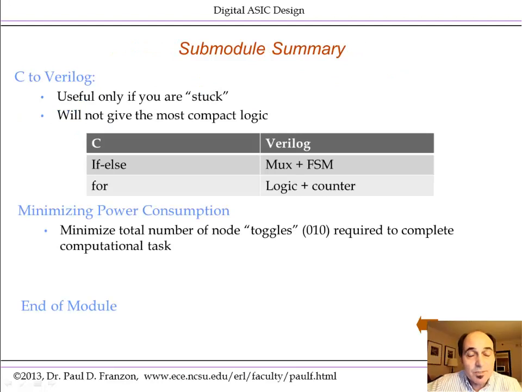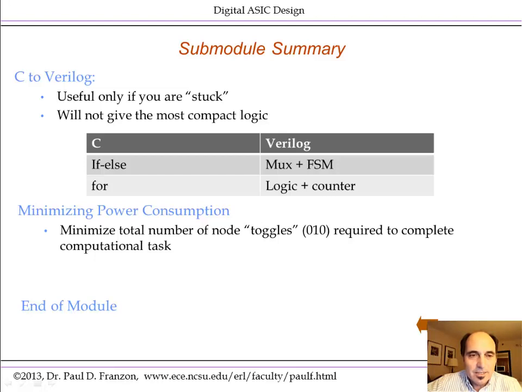So that brings us to the end of this particular submodule and the end of this complexity module overall. For this submodule, I remind you, you can translate C to Verilog, but I suggest only doing this if you're stuck in a design as to how to proceed and just need to start thinking through how to approach it.